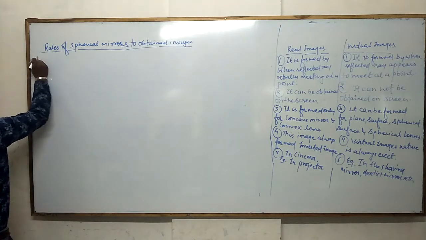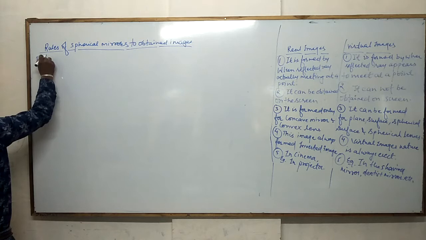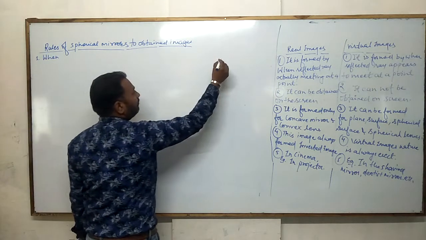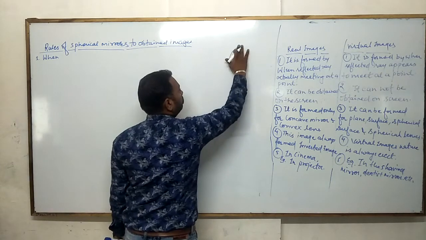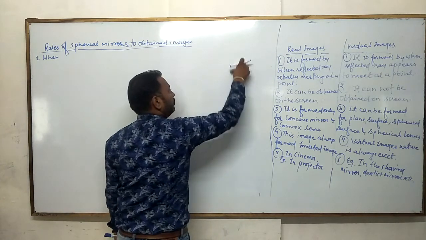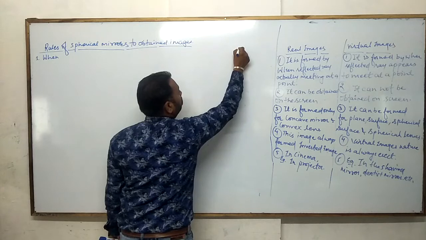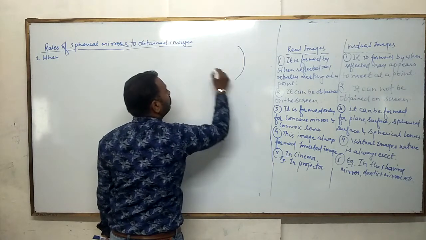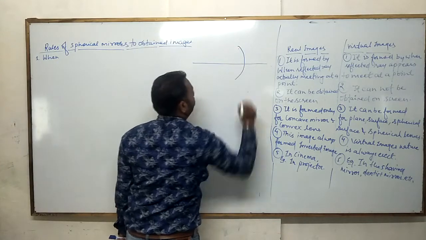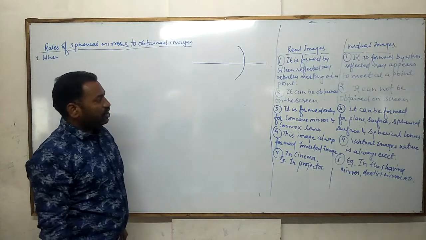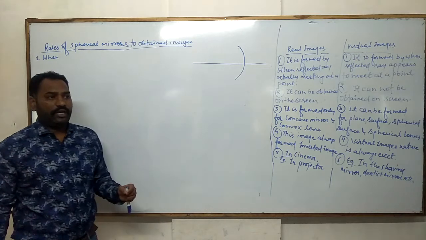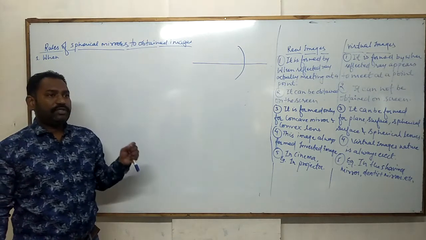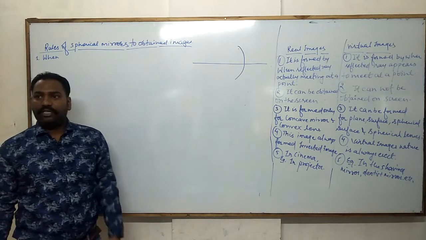The first rule is that, okay, I will draw a diagram here also. So you know about the line which is passing through the center of curvature, and here is the formation of the principal focus and the pole, which is known as the principal axis.